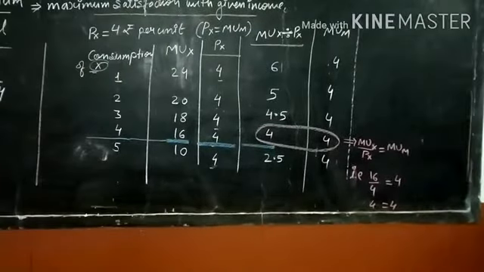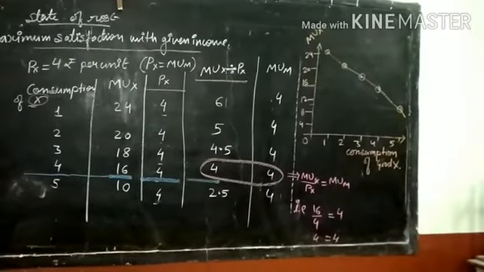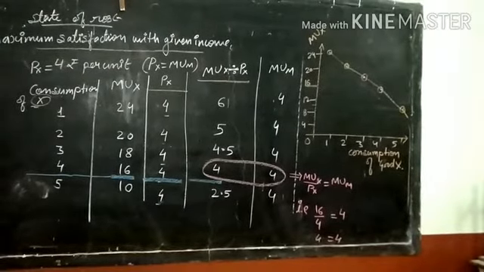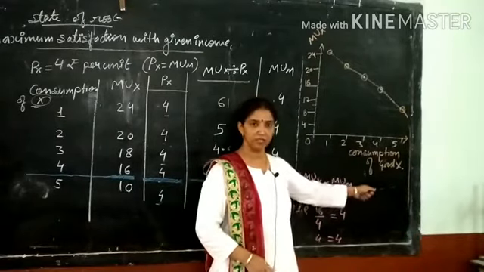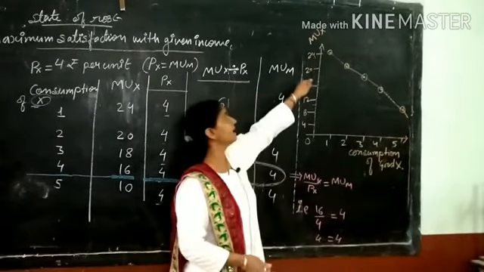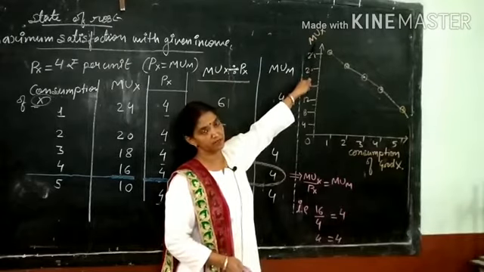The next is graphical presentation. The graphical presentation for this equilibrium in case of a single commodity. On the x-axis, as usual, we are taking consumption of commodity X or good X. On the y-axis, marginal utility is mentioned.